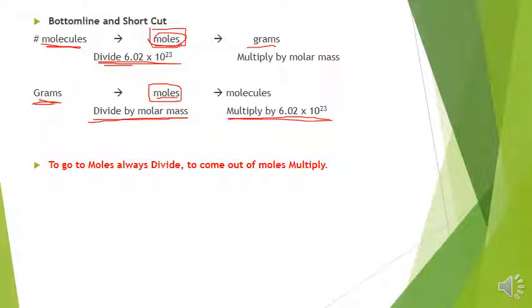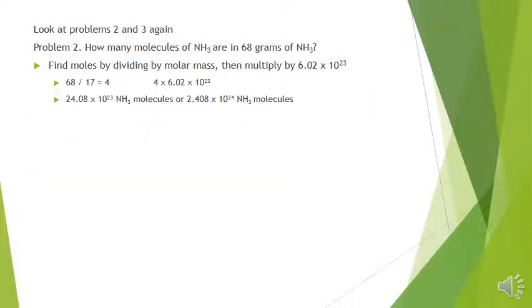When you come out of the mole, you multiply. So when you go into the mole, you divide. When you come out, you multiply. If we look at the last problems: how many molecules of NH3 are in 68 grams?